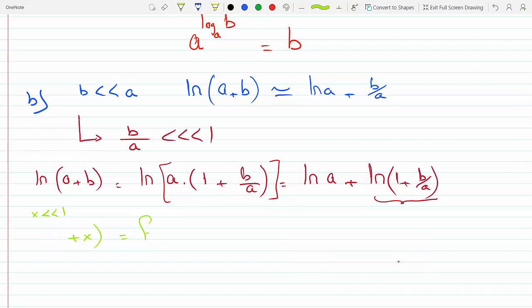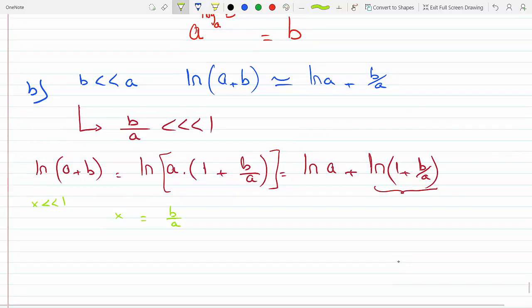Let me call x here, just to make it a little bit more simple, b over a, and so this expression just becomes 1 plus x, and x is a lot less than 1.